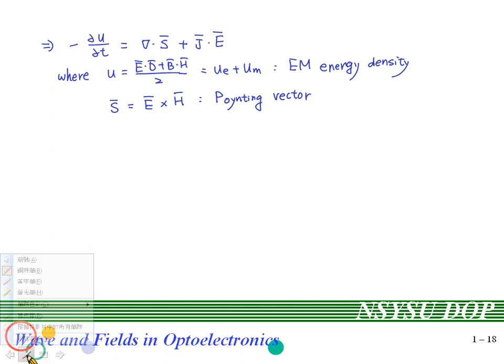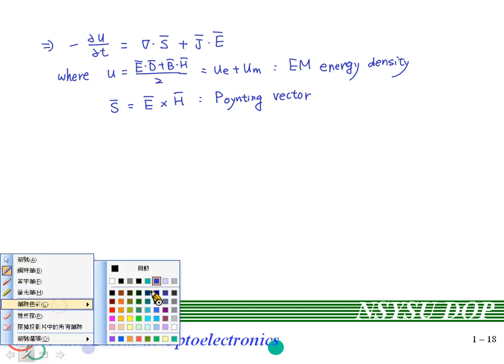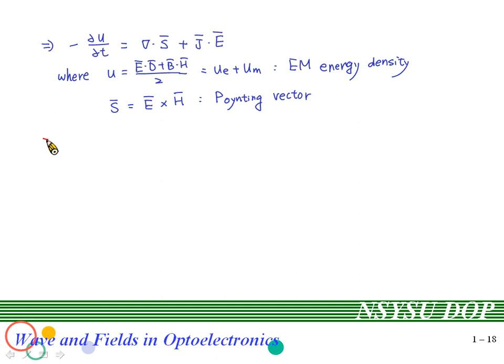So to perform the volume integral, you will have minus partial over partial t. Inside the integral is u dV. Okay, and for the right hand side, we also perform the volume integral.